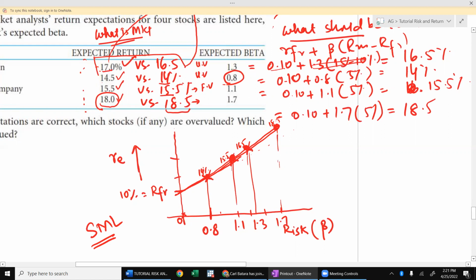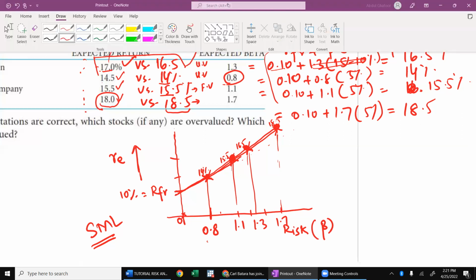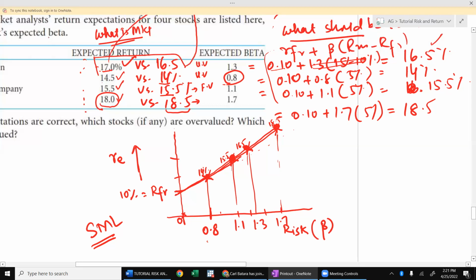All the points that you draw here should be based on CAPM. Remember, all the points that you draw based on beta should be the answer that you got from CAPM. And the decision for undervalued or overvalued follows from that. Now let's take our first one.